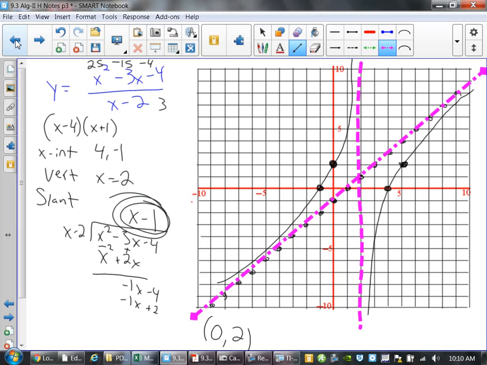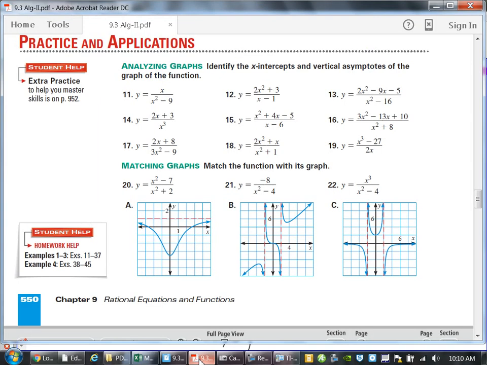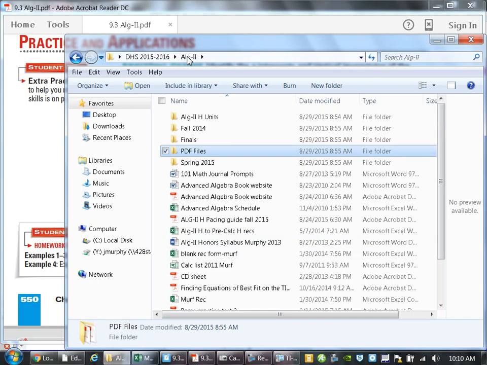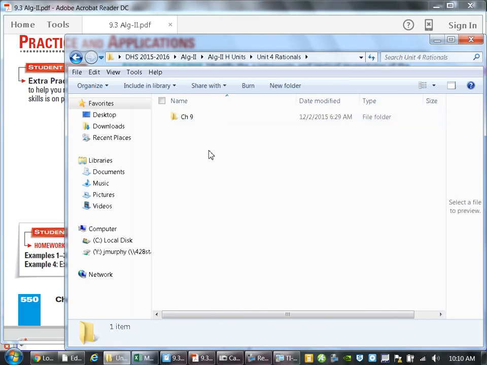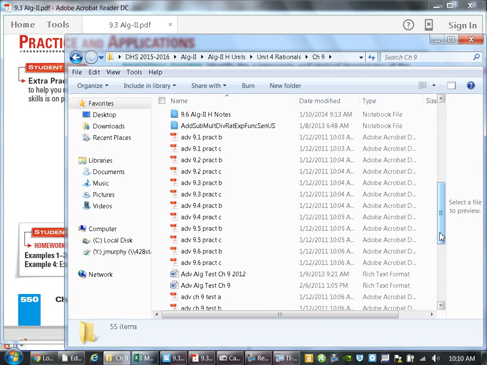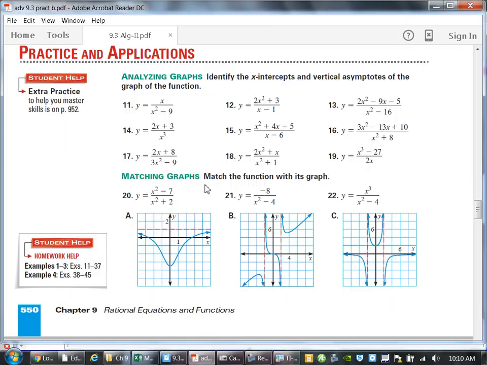Can we not do it on the graph paper? I don't like it. No, I guess you can't. We try to fake it.